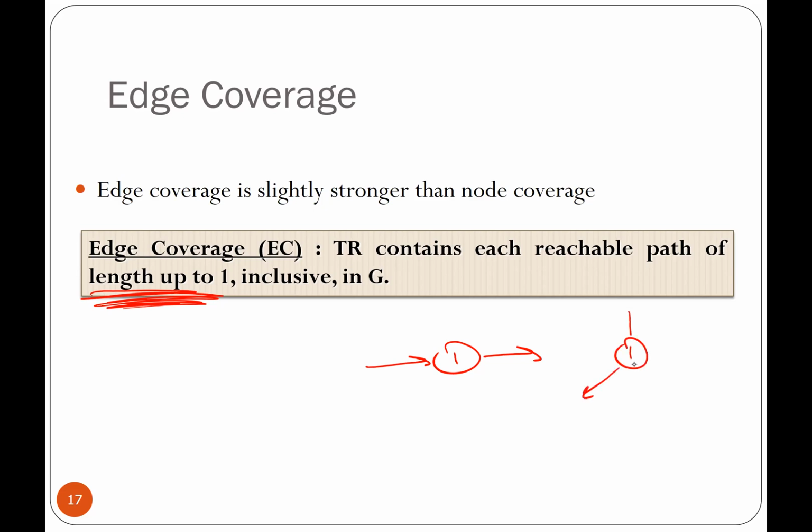So I got one, and one could have been an end node. Yes, it could have been a different subgraph over here, but still this part of the graph is basically one node. Okay, and they write down the length up to one part so that you have to include node one, although it doesn't have any edges along with it, but it becomes part of the test requirements for the edge coverage. Okay.